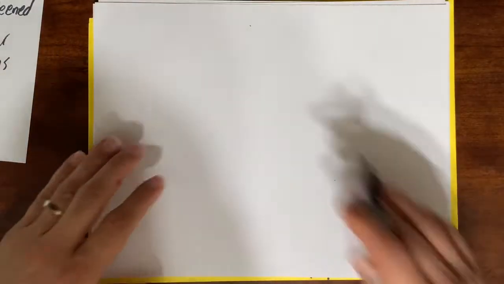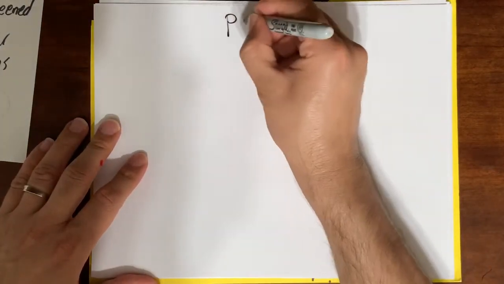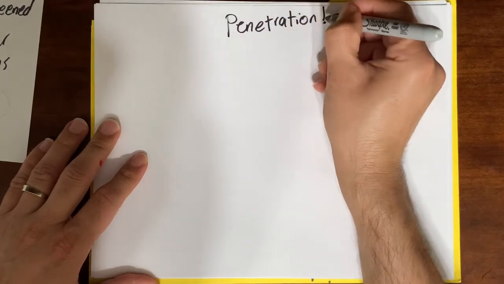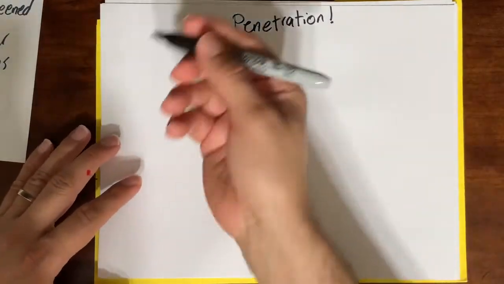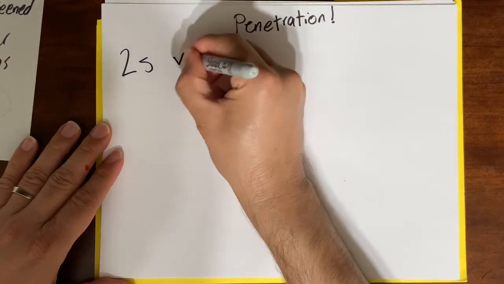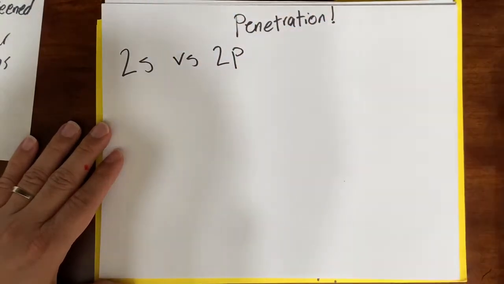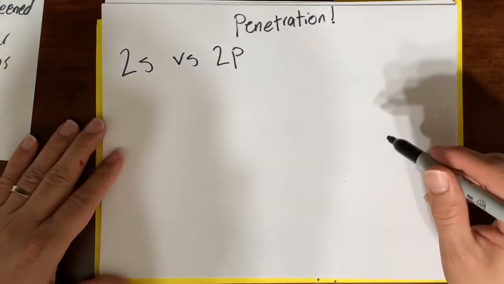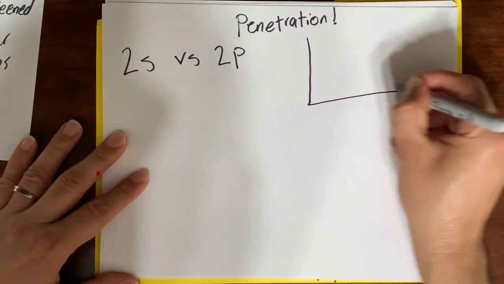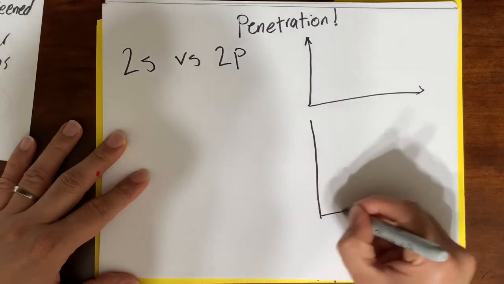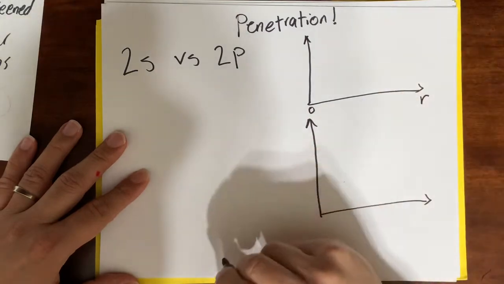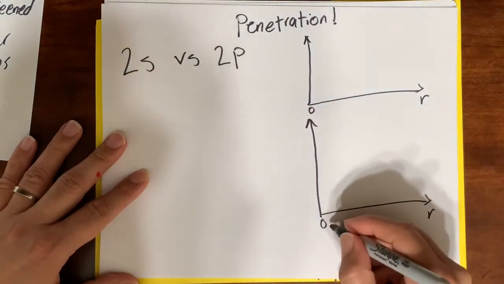The next one is penetration. The way I'm going to show it, let's talk about 2s versus 2p orbital. And I'm going to show it by drawing a radial distribution graph for each orbital. Start with 0. That's R, distance, 0 means the nucleus.